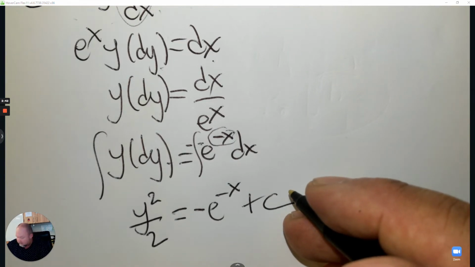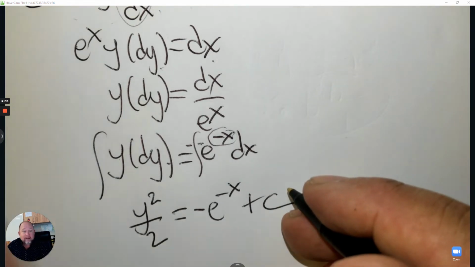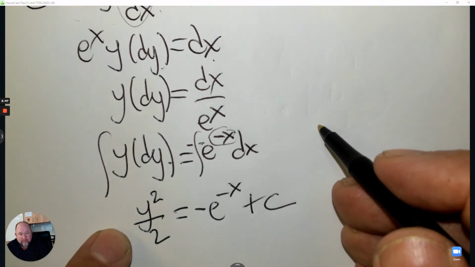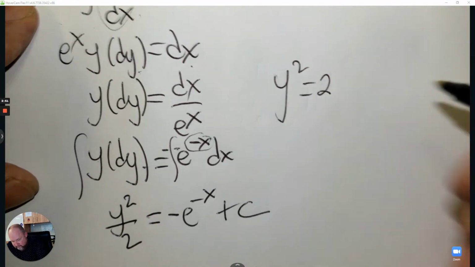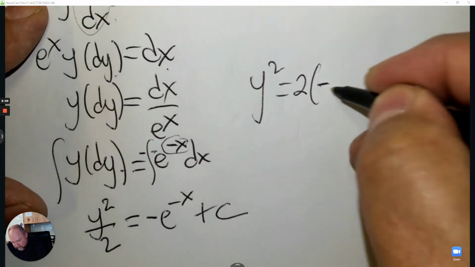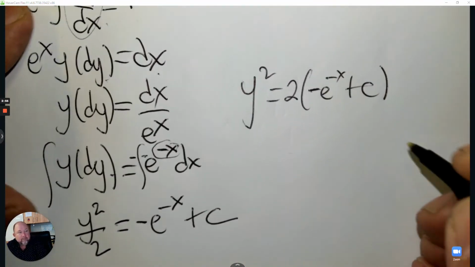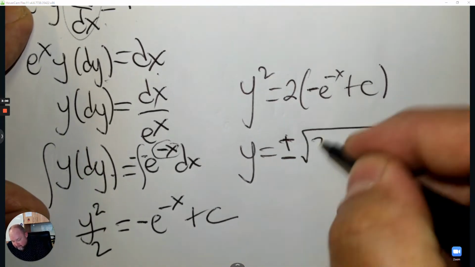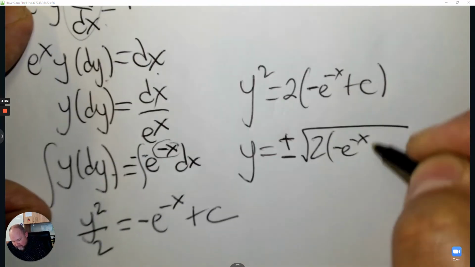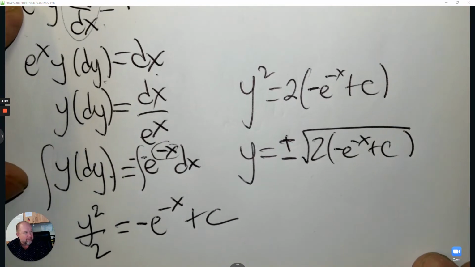No. All right, so to get y by itself, multiply everything times 2. And then square root. Now when you square root, the answer could be positive or negative. That's going to be an important point eventually. But for right now, that's a great way to answer it.